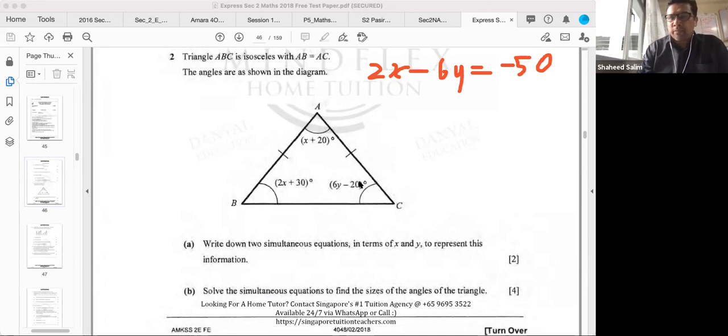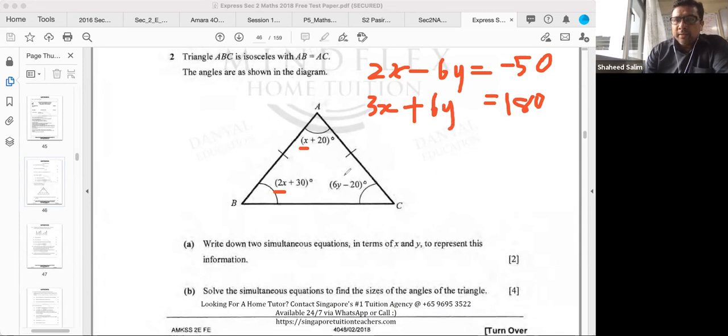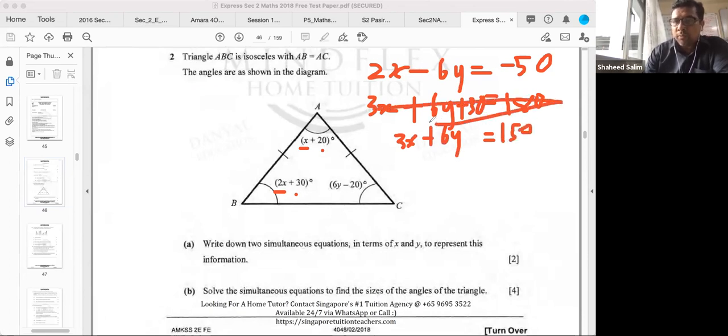So you take this plus this equals 180. Then x plus 2x is 3x, 3x plus 6y. 20 plus 30 is 50, minus 20 plus 30, that's 30. So you bring the 30 over there, you get 3x plus 6y equals 150. This is equation number 2 now.